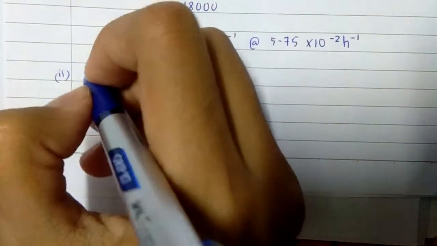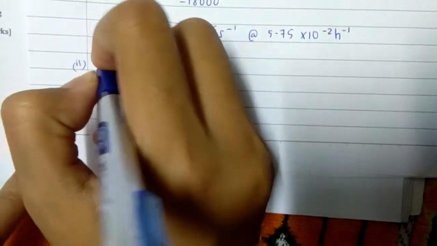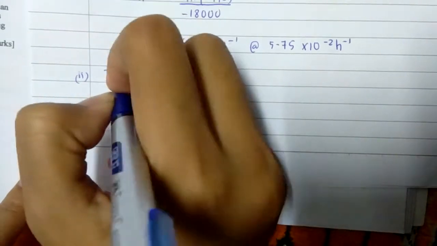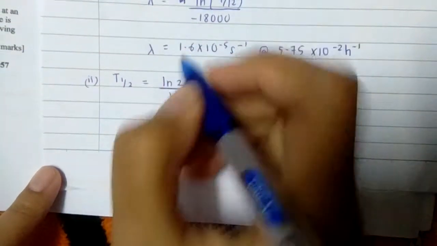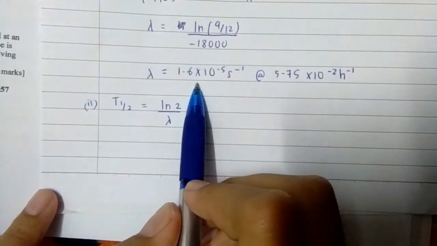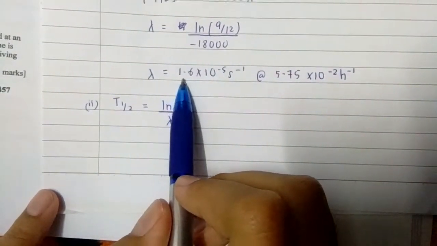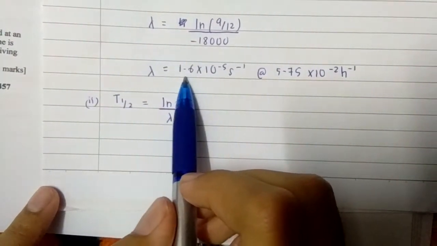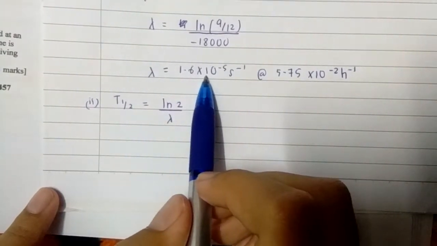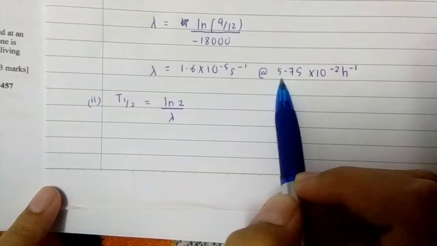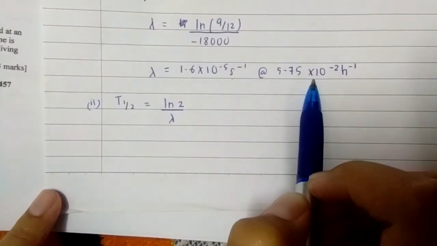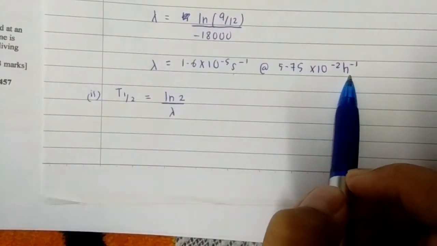Calculate half-life. Use the formula half-life is equal to ln 2 over decay constant. Use the decay constant that we got from C1, either 1.6 times 10 to the negative 5 per second or 5.75 times 10 to the negative 2 per hour.